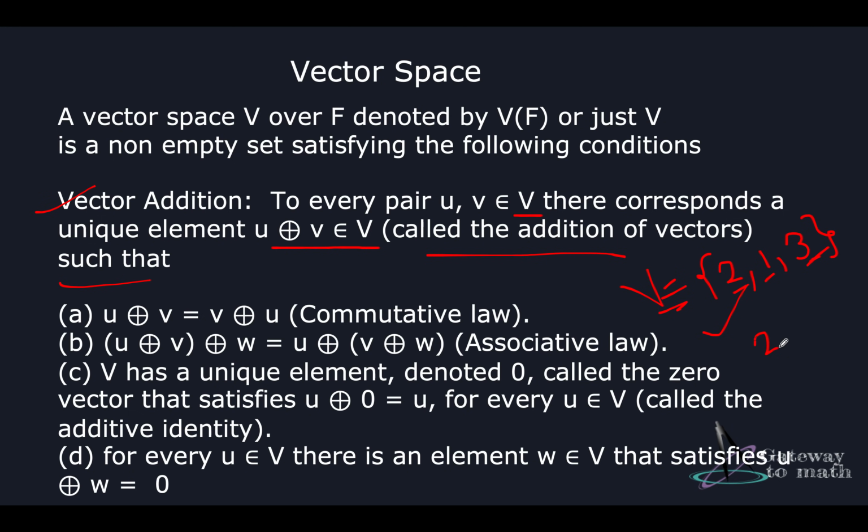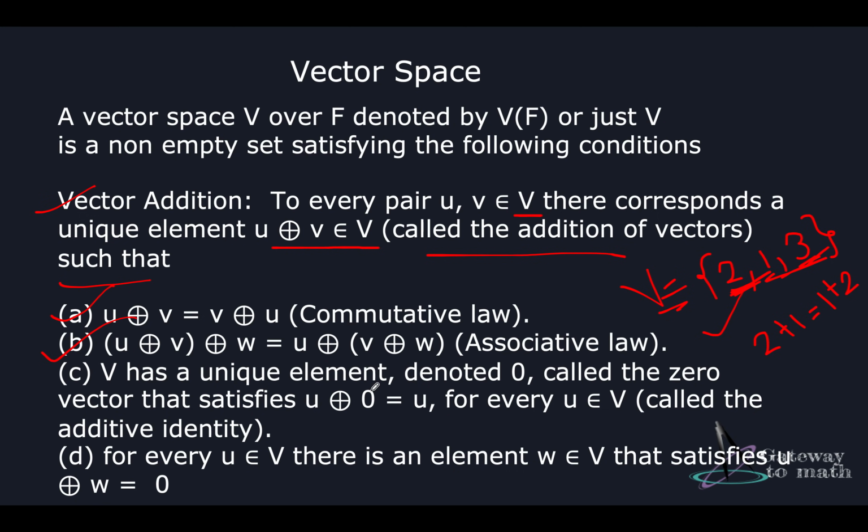So 2 plus 1 will also be equal to 1 plus 2, correct? So this condition is also satisfied. (u plus v) plus w will be equal to u plus (v plus w). So you either add u plus v together first and then add this to w, or you can add v and w together and then add this to u, and still the condition will be satisfied. So this condition is satisfied again for this case.